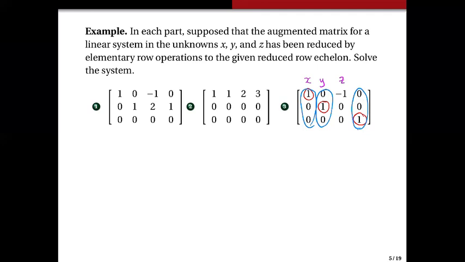But how do we solve the system? So again, the first row gives us the equation x minus z equals 0. The second row gives us y equals 0. And the third row gives us 0 equals 1.